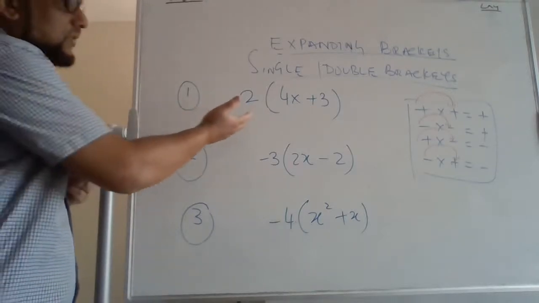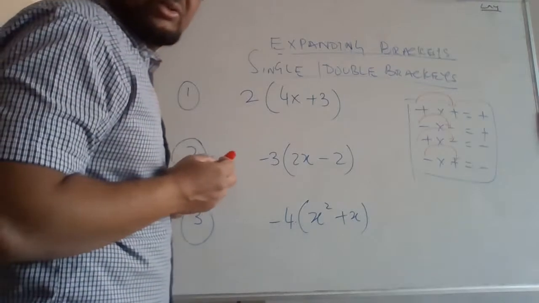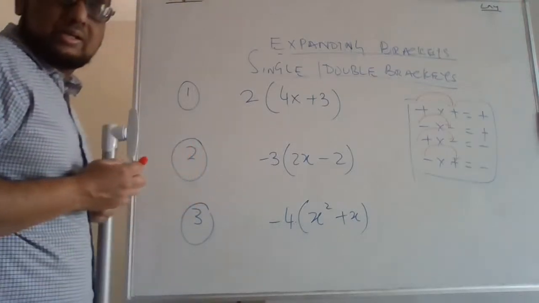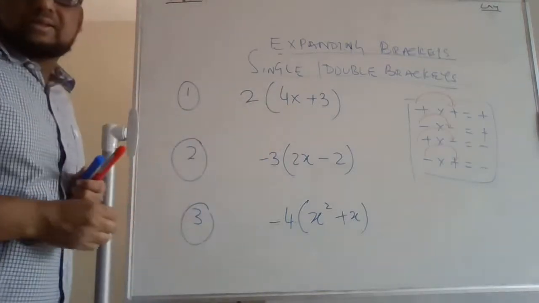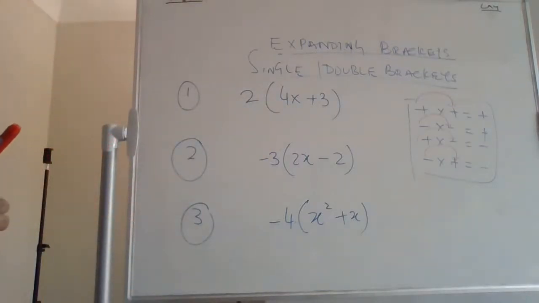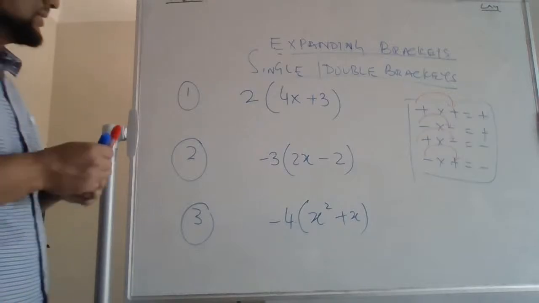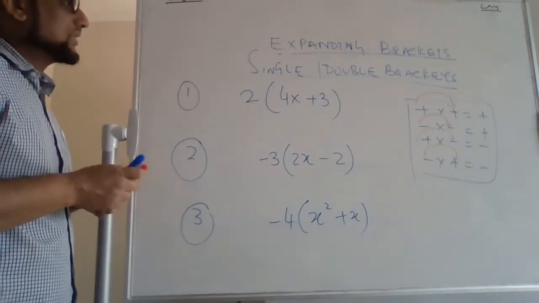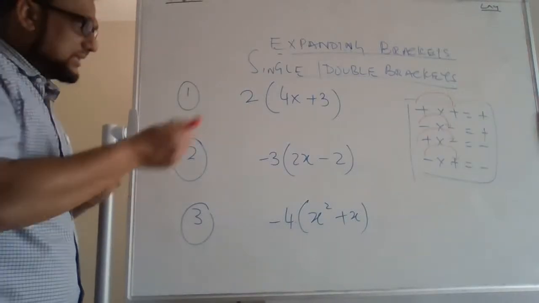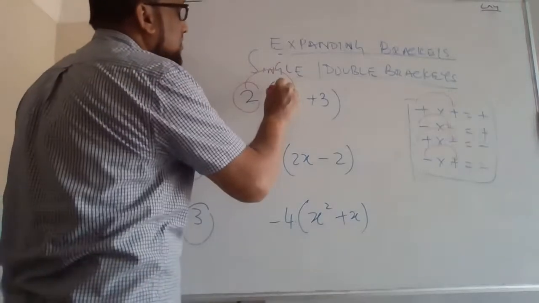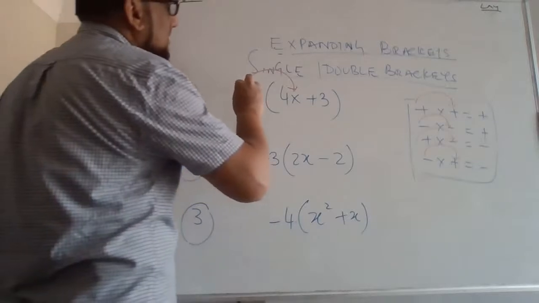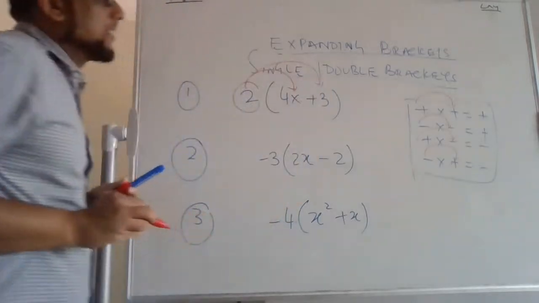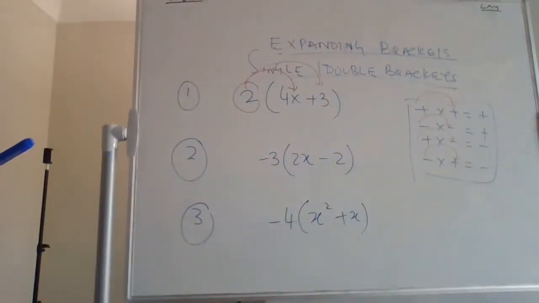So for the first, when you times by 4x, it means 2 times 4 is the first step. You need to times with this bracket, and after multiply this one, you need to times with this number.